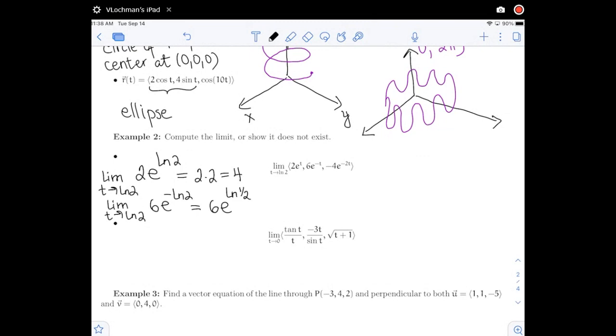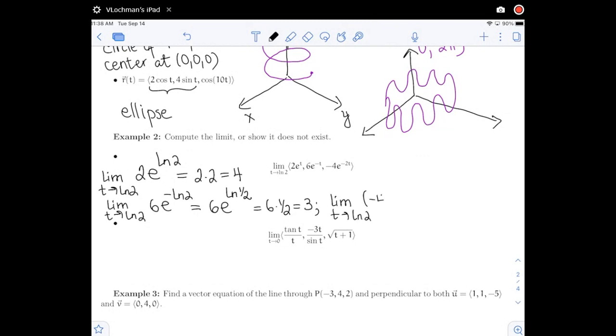The only way for us to cancel e and natural log is if there is no coefficient in front of the natural log. If there is one, we have to move it into the power. So 2 to the negative 1 is 1/2. Now we can cancel it out. So this is 6 times 1/2, and we get 3.